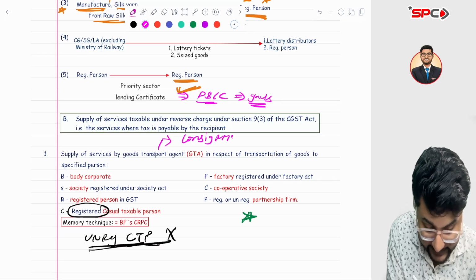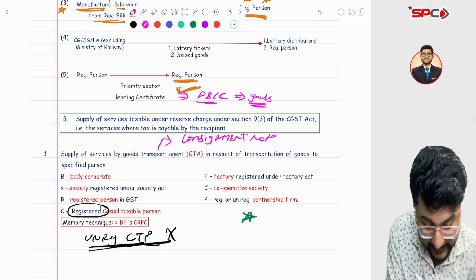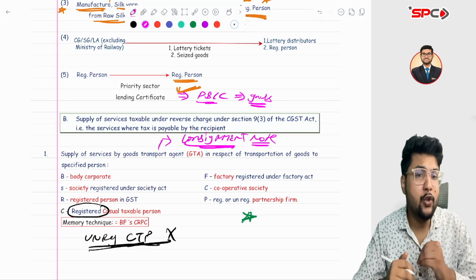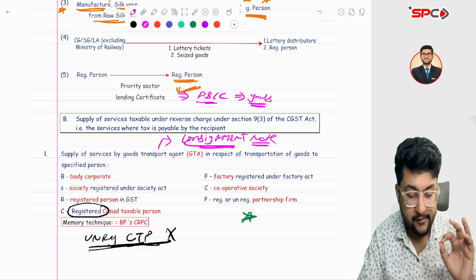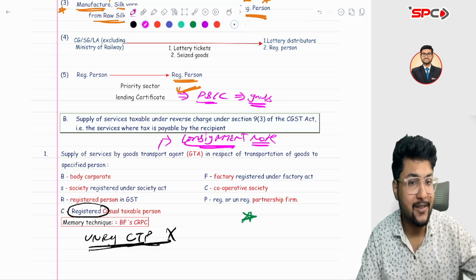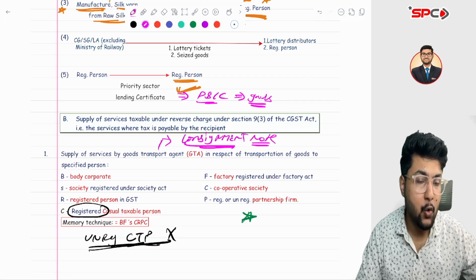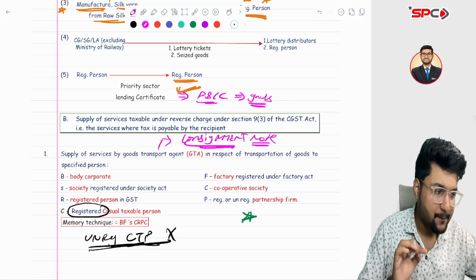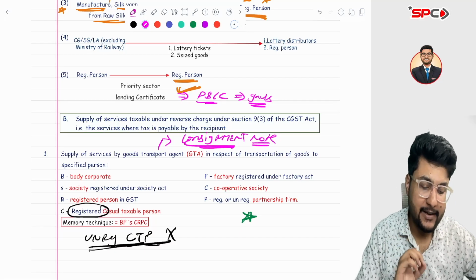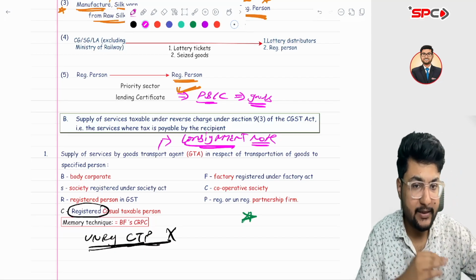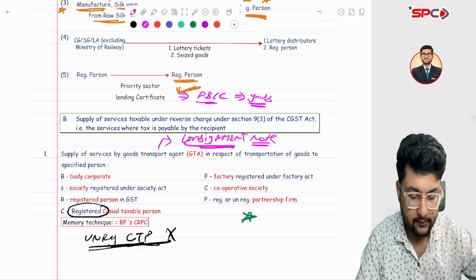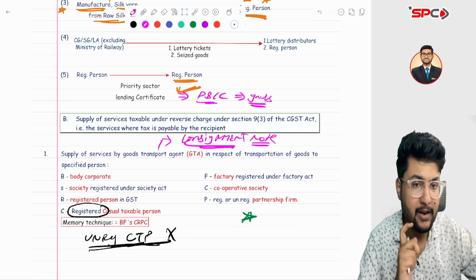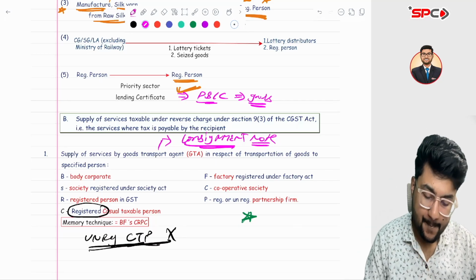A consignment note is a document which a transporter gives to the person who makes the supply, who makes the transportation. It's a valid document and a proof that I am transporting this material from one place to another. The proper bill.